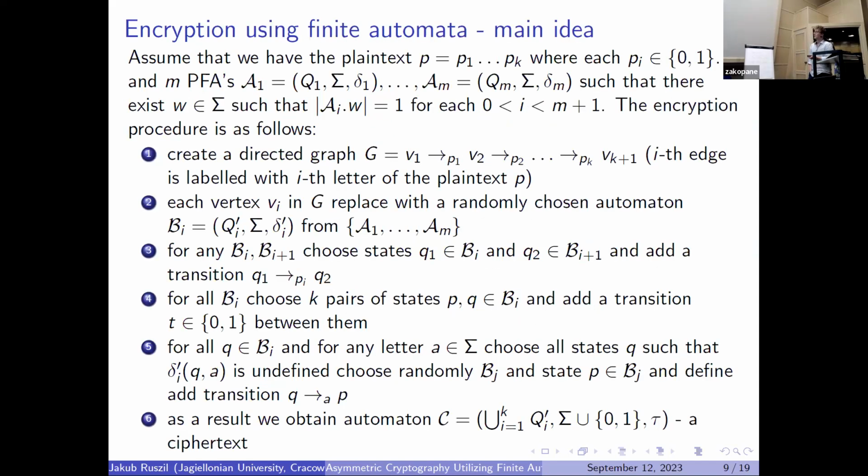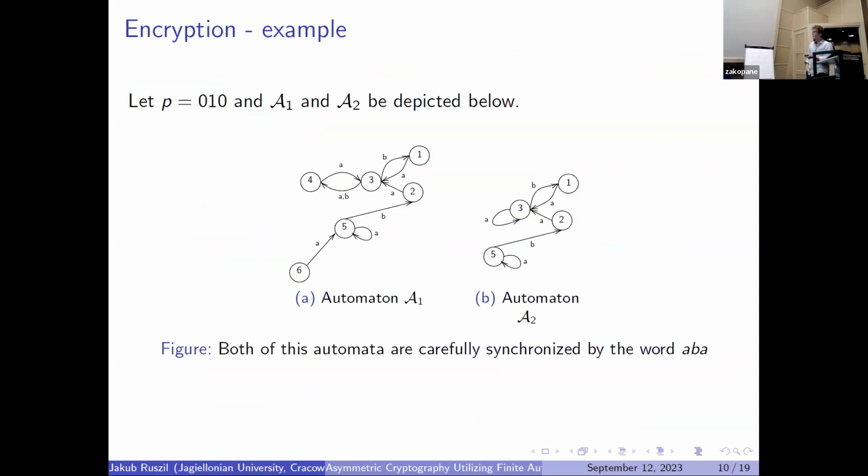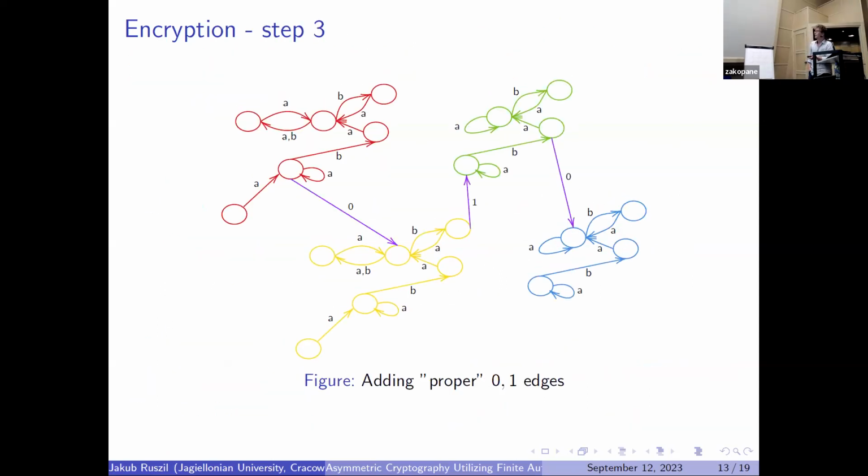So now let's go to step 3. Step 3 is: for any two automata that are neighbors, so they represent neighboring vertices, choose one of the states from each and add a transition that corresponds to the respective transition of the graph G, and that is here.